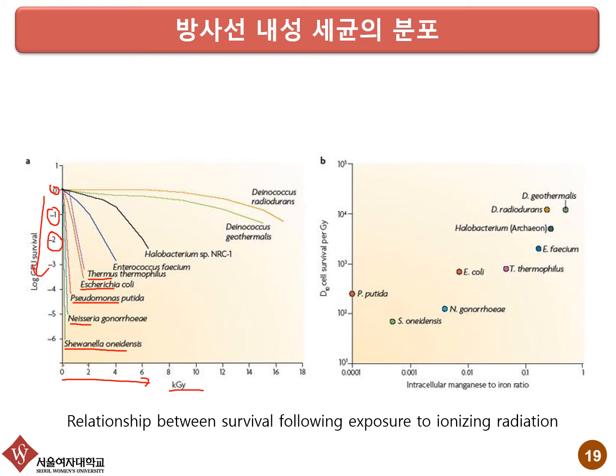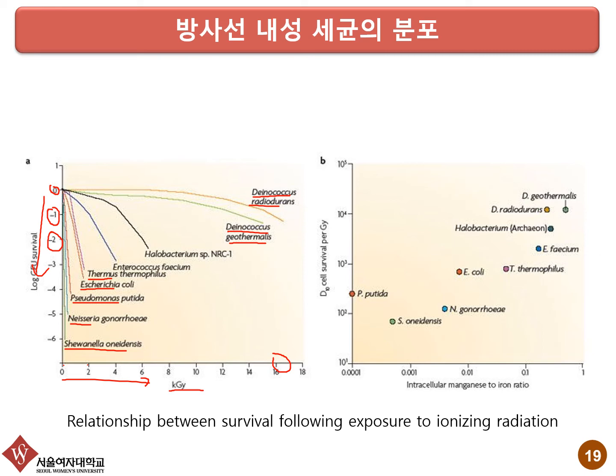But if you compare Deinococcus geothermalis and Deinococcus radiodurans, they can survive 16 to 18 kilogray of acute gamma radiation.